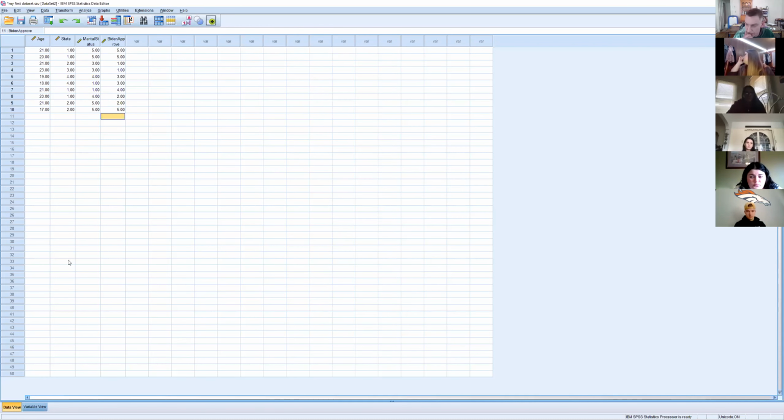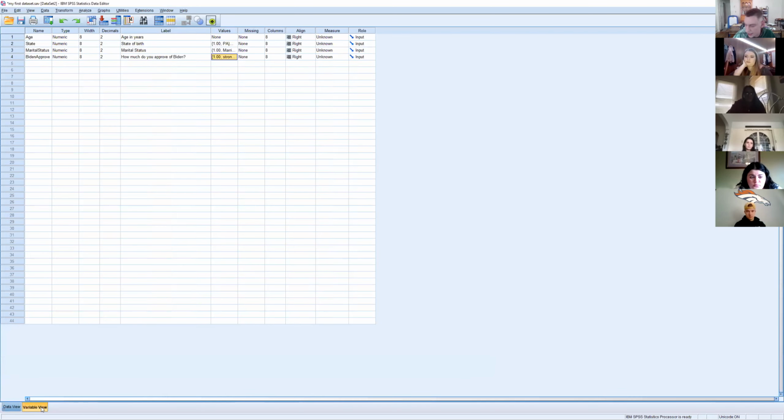Okay, so let's make one that's ratio. So for the ratio variable, let's pretend that these are all people that were in the workforce since 18, and they've all been in the workforce for at least 1 year.